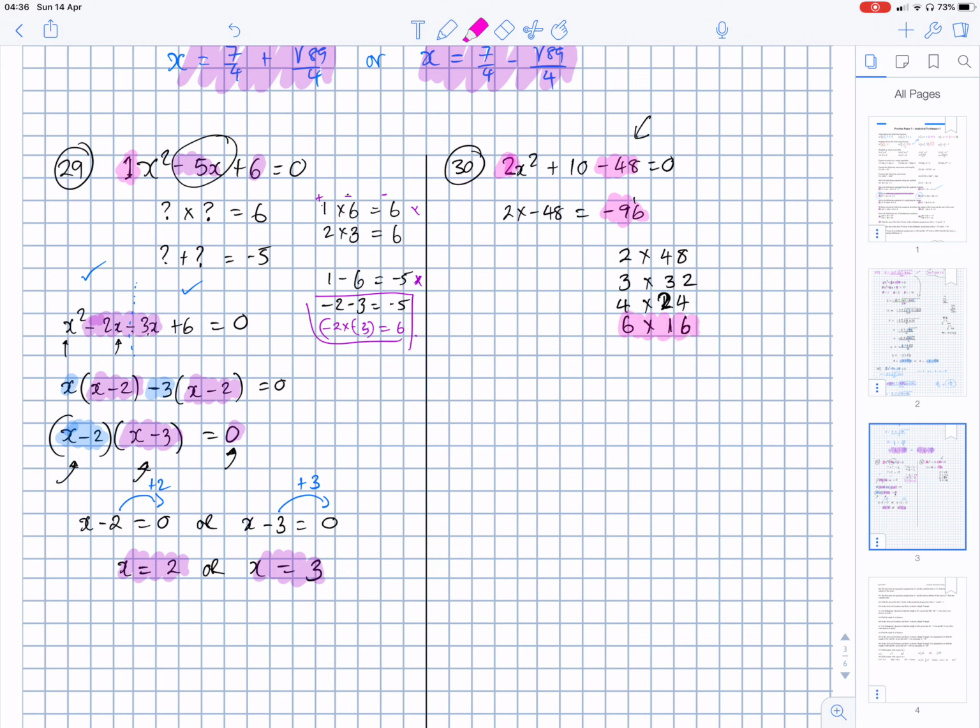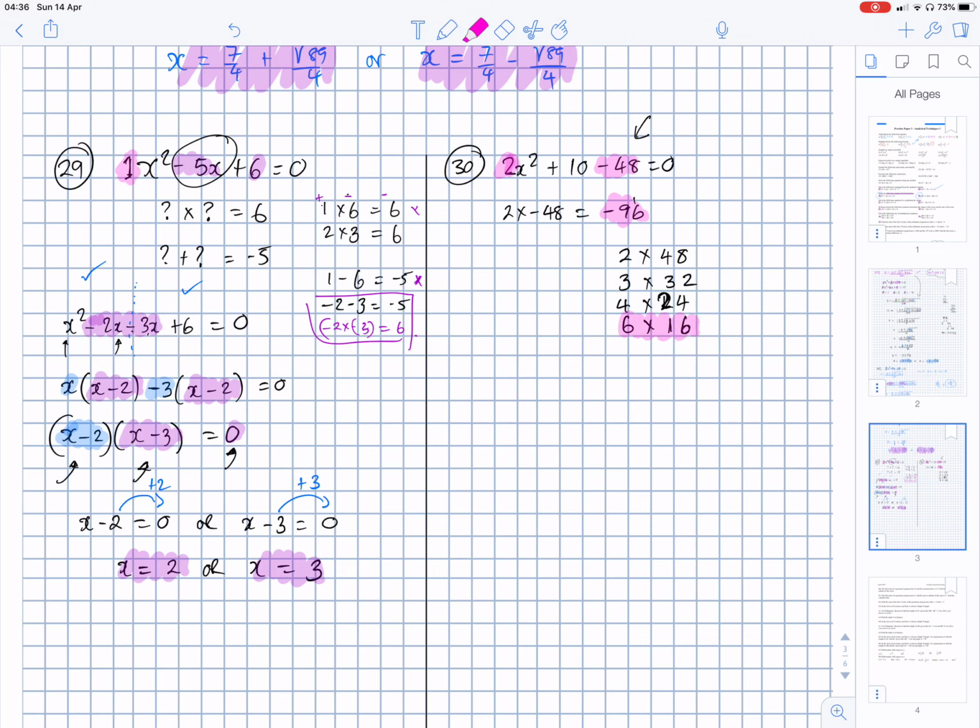And the minus 6 becomes plus 6, so 2x equals 6, then I divide by 2 on both sides, the 2 cancels, and x equals 3. So these are the two answers for the equation 2x squared plus 10x minus 48 equals 0.